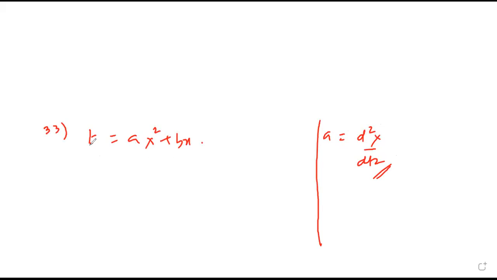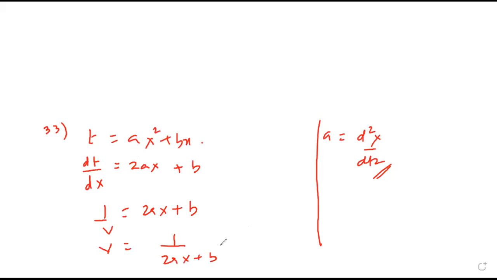So here I will get dt with respect to dx. मतलब उल्टा आएगा, velocity का reciprocal. So first step that I am doing, dt upon dx. It is 2ax plus b. So this is 1 upon v is 2ax plus b. I hope you followed this. So v equals to 1 upon 2ax plus b, equation 1.